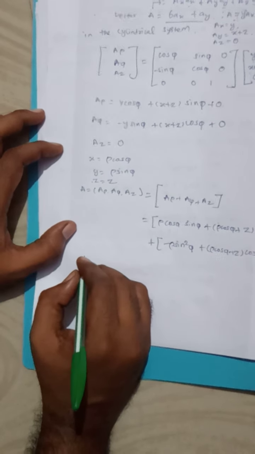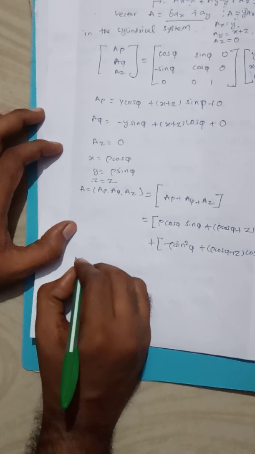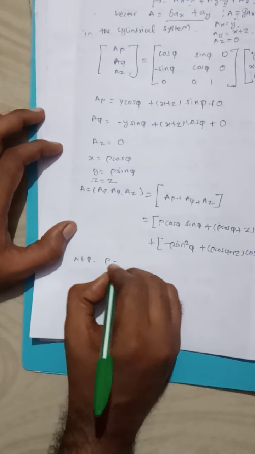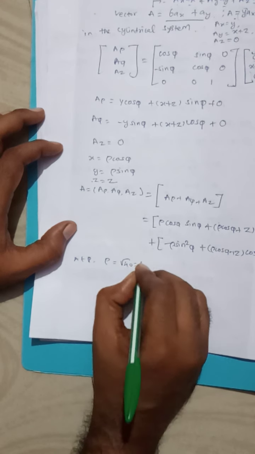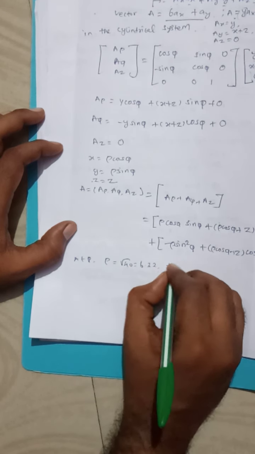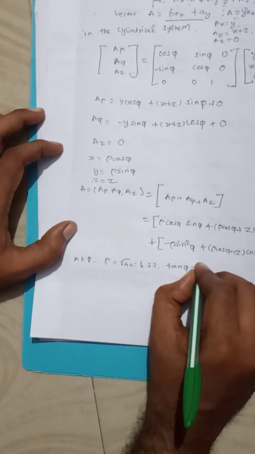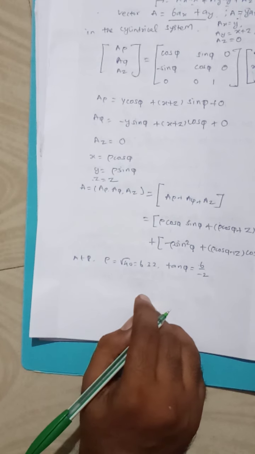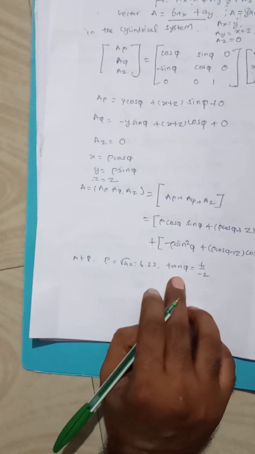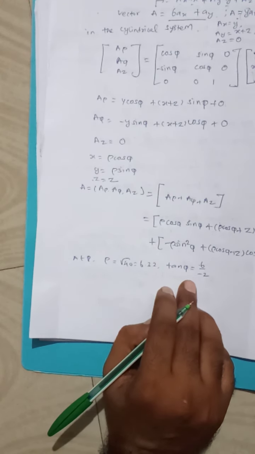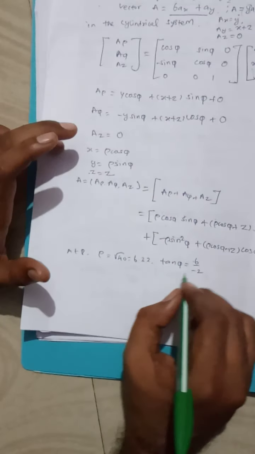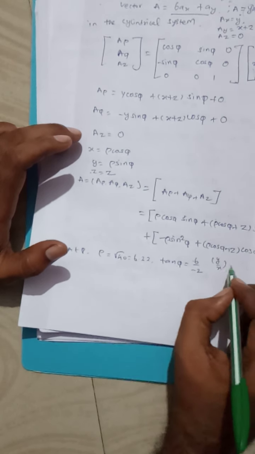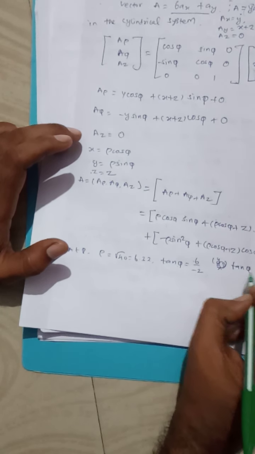At the different points we need to substitute. So already we got the value, okay. At point P we have got the value of rho, which is root of 40 or 6.32. Similarly we got the value of tan phi, which is 6 by minus 2. Actually you got phi equal to tan inverse, right? So in terms of that you'll get tan phi equal to 6 by minus 2, which is y by x, remember. So whenever you want to get the value of tan phi, it is y by x.